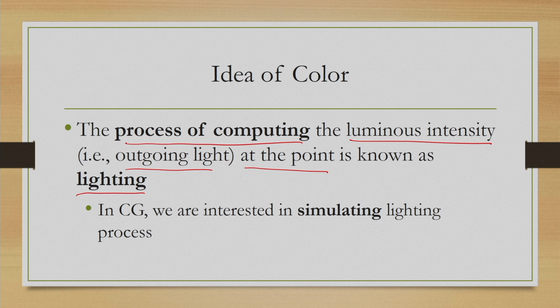And in computer graphics, we are interested in simulating this lighting process. So, there are two processes involved as we have just discussed. One is illumination, that is from the source the light falls on the point either directly or indirectly, that is called illumination, and from that point the light gets reflected and reaches the eye of the viewer, that is the lighting.